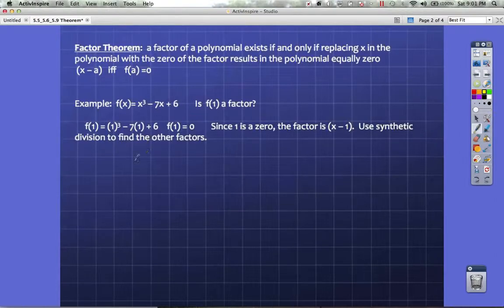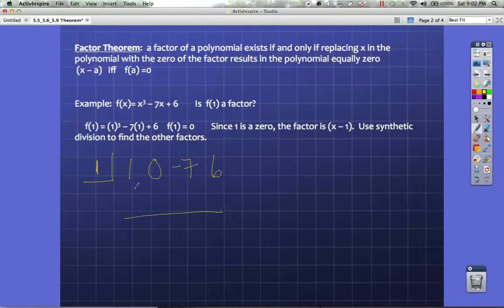Opposite of negative 1 is 1, and that's in the box. And then you take your coefficients, and remember you have to have every degree represented. If you don't, make a placeholder. So the coefficient is a 1 for the cubed. Do we have a degree of 2? No, so I need to put a 0. And then the coefficient of the x is negative 7. And then the constant is 6.